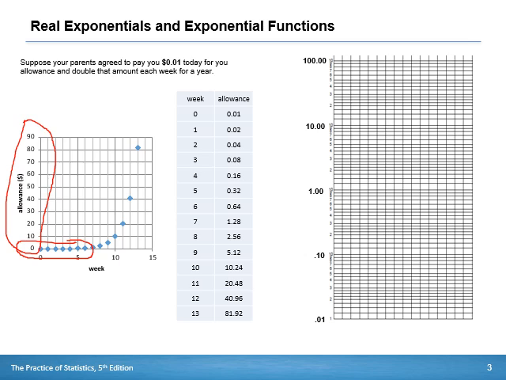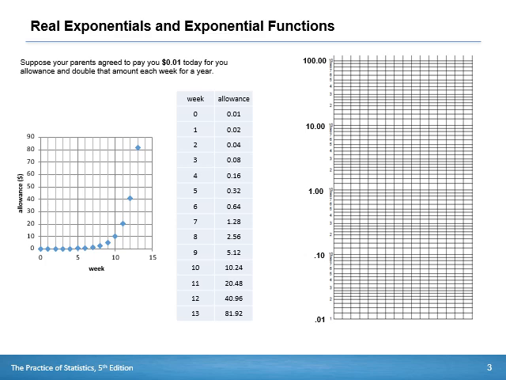So you can see that this data is flat, flat, flat, and then all of a sudden it just jumps up. We wouldn't even be able to fit anything more than like 13 weeks on this one graph. We would have to use a much bigger scale to fit more on there.